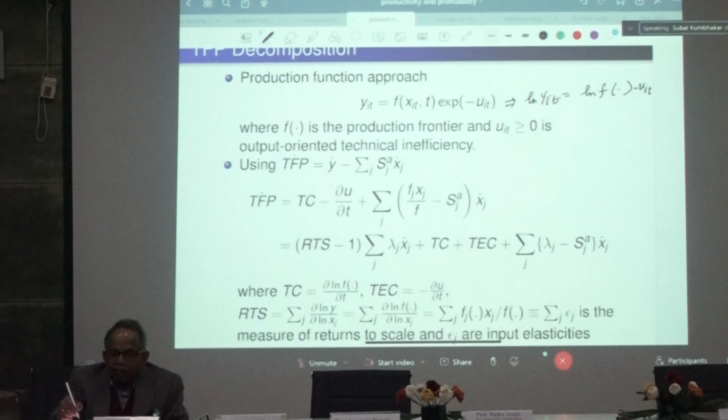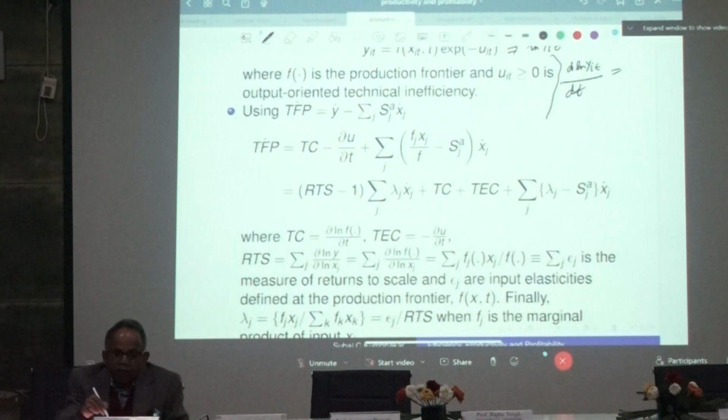And then you take a derivative of this, the total differential, which means not partial. And then you do the derivative on the other side. I can do this, but there is no point in going through the steps. If you take a derivative of this and use the definition of TFP dot like this, remember y dot, so this is y dot.